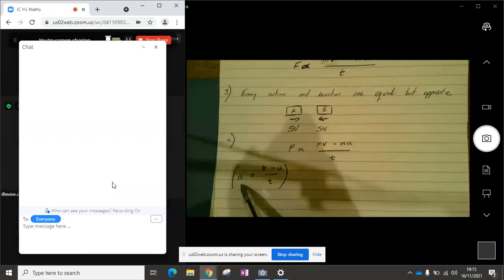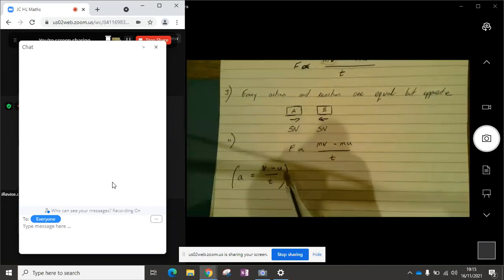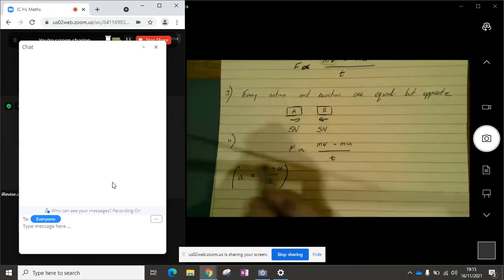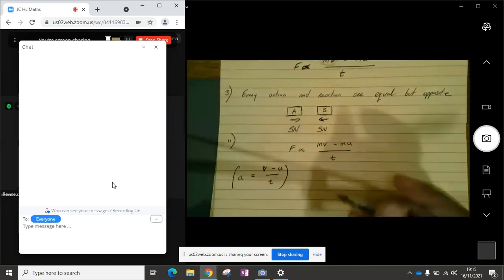We know acceleration is equal to the final velocity minus the initial velocity, all over time. If you take the final speed of something and take away its initial speed, you get the change in speed, and if you divide it by time, you get the acceleration.